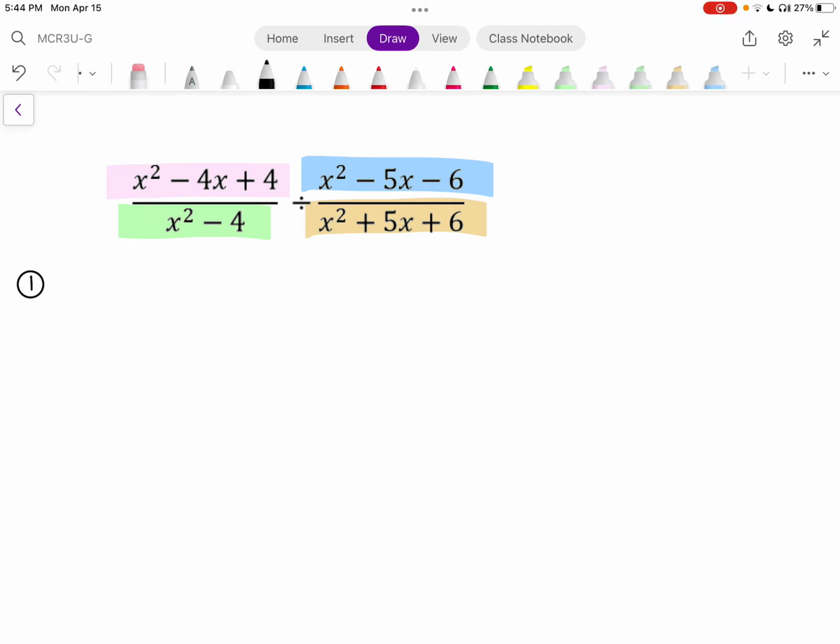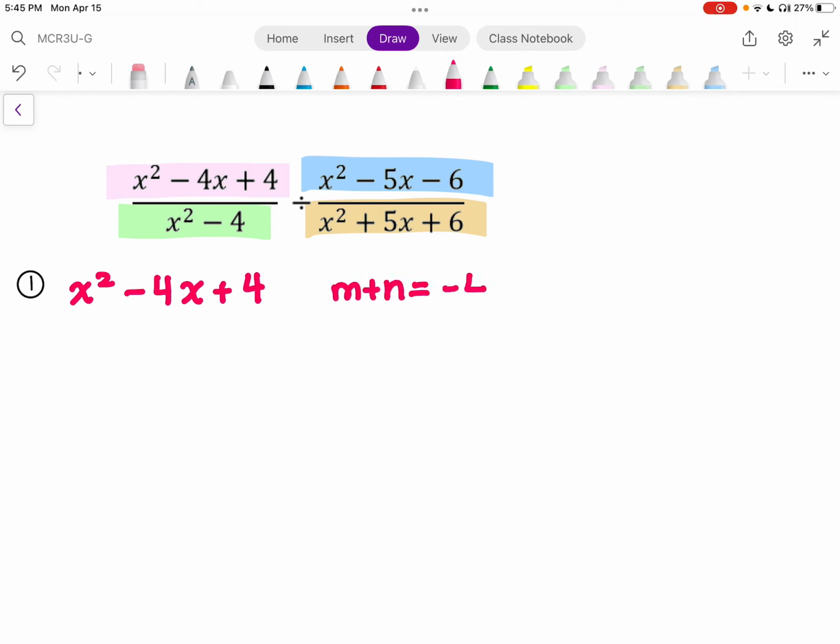So we have x squared minus 4x plus 4. We're going to try to find two numbers that when they add together give us negative 4. In the interest of showing you how I'm getting this, you do not have to show these steps every time you do it.